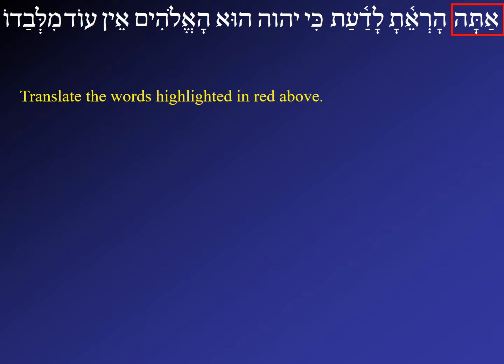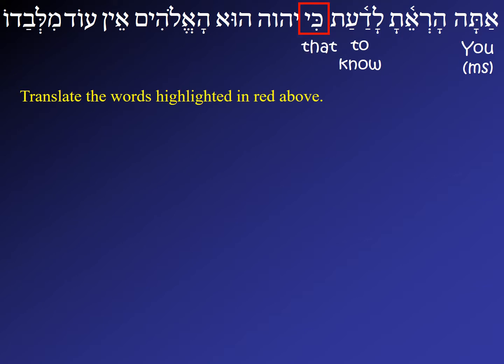Okay, now we can translate almost this entire sentence fairly easily. So let's begin with the word highlighted here in red. Ata, you. Let's skip the verb for the moment and look at la da'at. This, of course, is qal infinitive construct of yada, meaning to know.